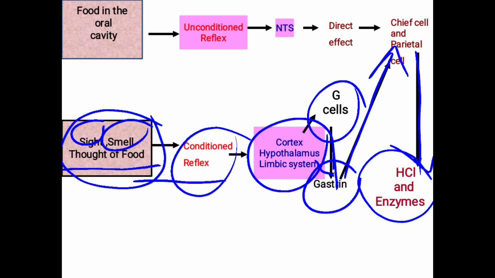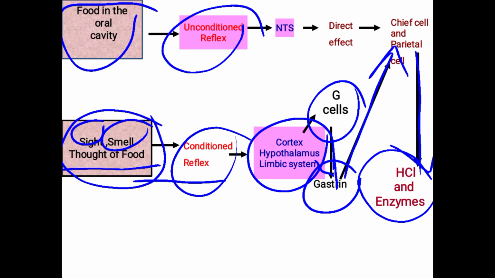That is called the cephalic phase. Also, when you keep food in your mouth, although the food has not entered the stomach, gastric secretion begins in your stomach. That is called an unconditioned reflex. It directly stimulates the chief cells and parietal cells to secrete HCl and enzymes. Understood?